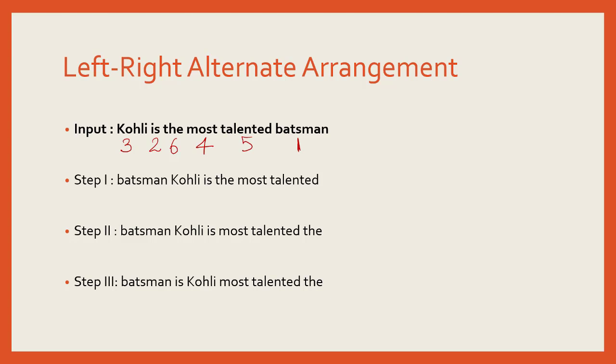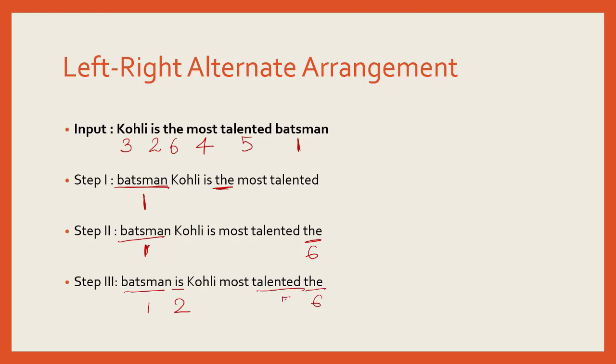Now in step 1, what we have done, we have brought batsman to the front, and the rest has been in the same order. In the next step, the, which is the last word in the alphabetical order, has been brought to the back. The second word in the alphabetical order is, so that has been brought here.